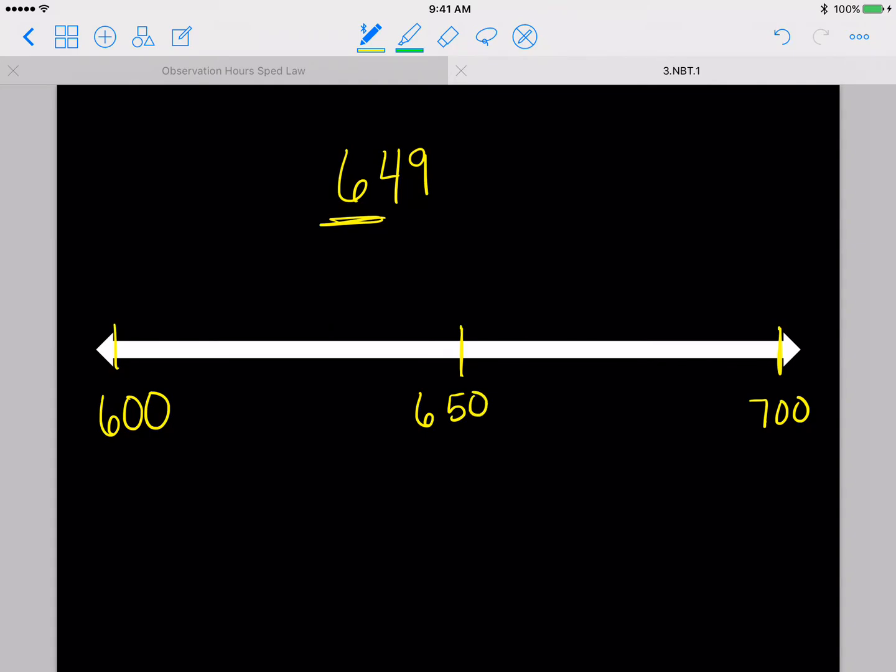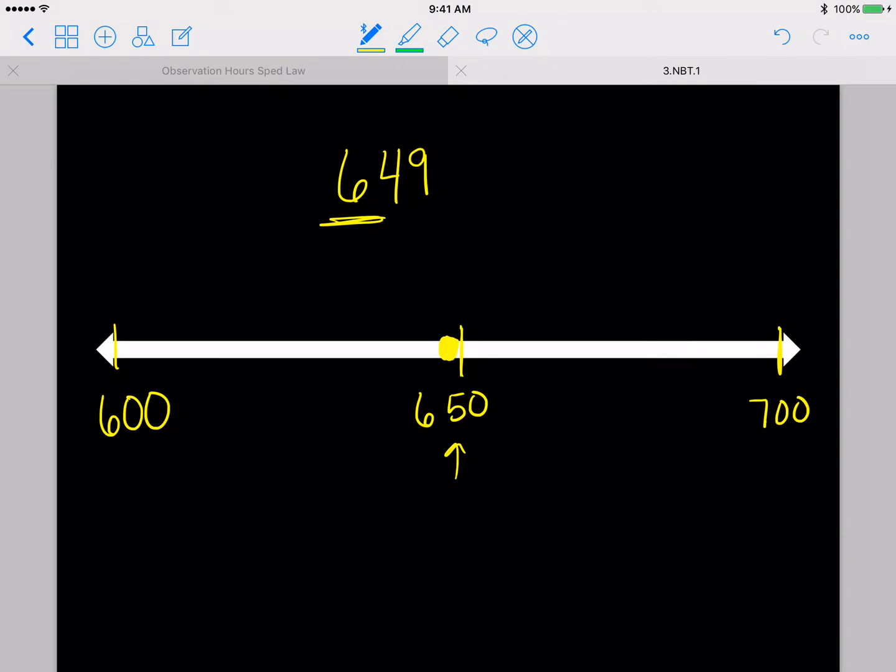So now we need to see where 649 is going to fall on this number line. Let's think. If I have $649, do I have less money or more money than someone who has $650? Well, 649 is smaller. It has a smaller value than 650.